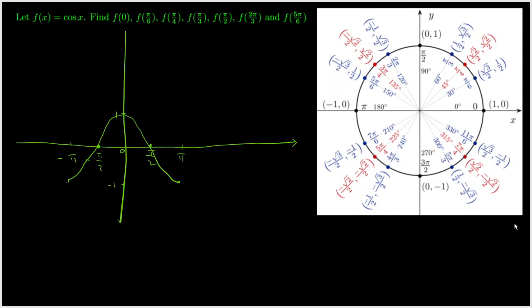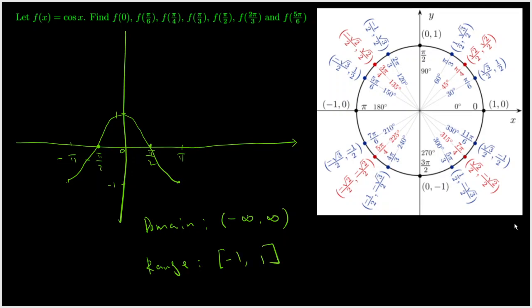Actually, for cos, we can also talk about the domain and the range. You see the domain, the cos function is defined at all the real numbers, right? So like sine, the range is in between -1 and 1.